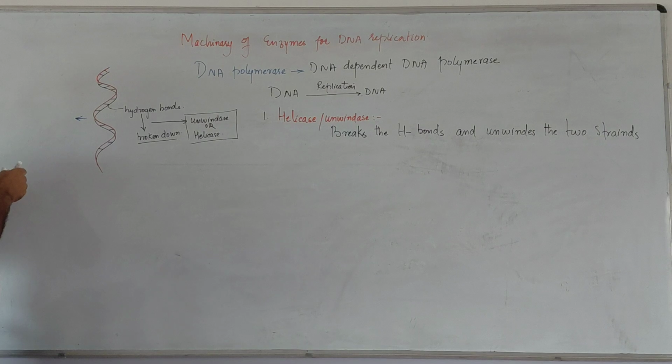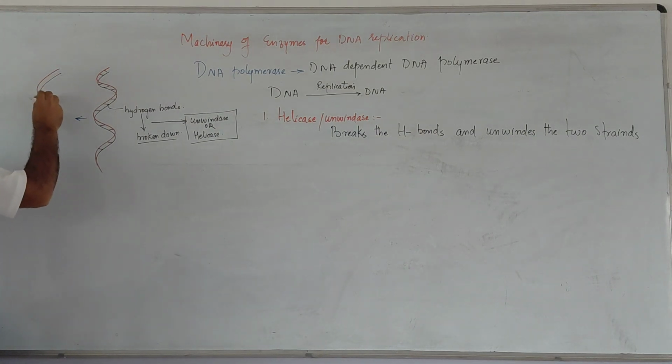Let me write here. Suppose this is the DNA structure, and here it has been unwound. So this head will be like this, and this leg will be like this.